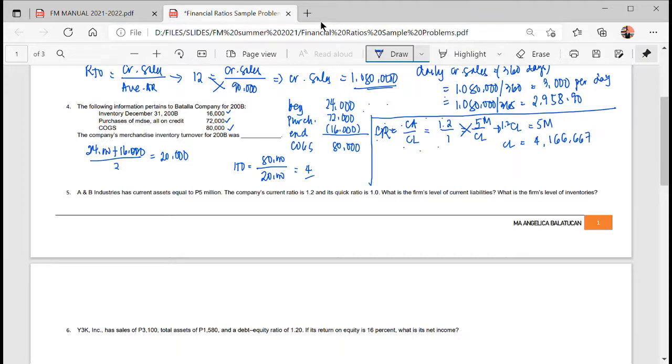But for solution purposes, the quick ratio is equivalent to quick assets over current liabilities, and the quick ratio is 1 is to 1. Therefore, we're going to look for your quick assets. The current liabilities is already solved for, 4,166,667, so our quick assets here would be the same amount, 4,166,667.